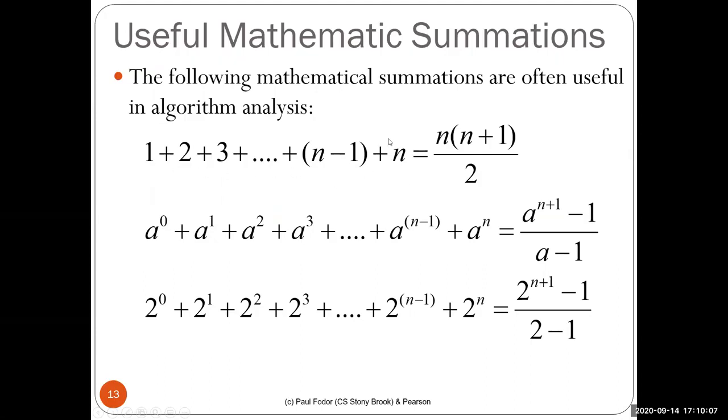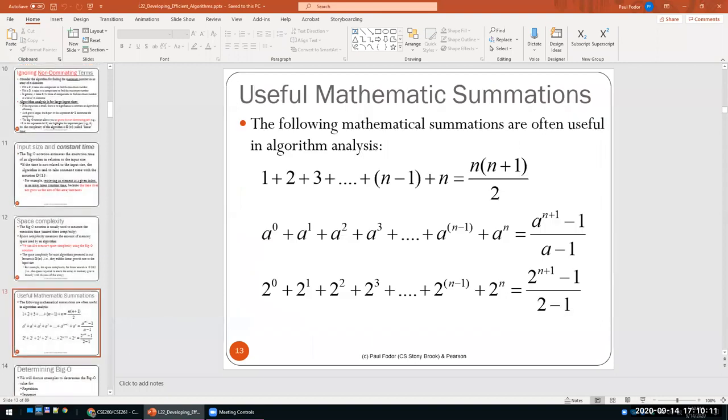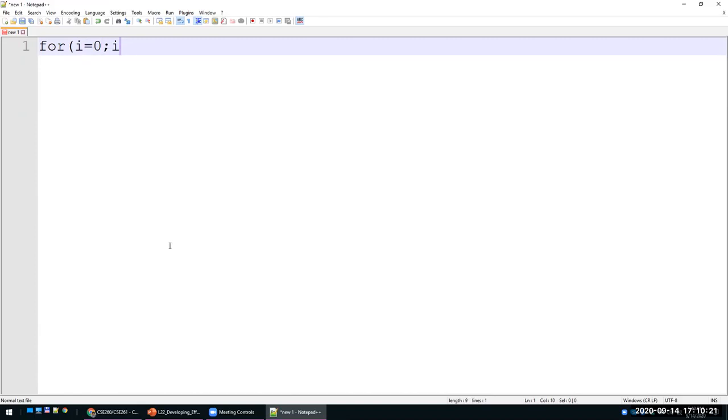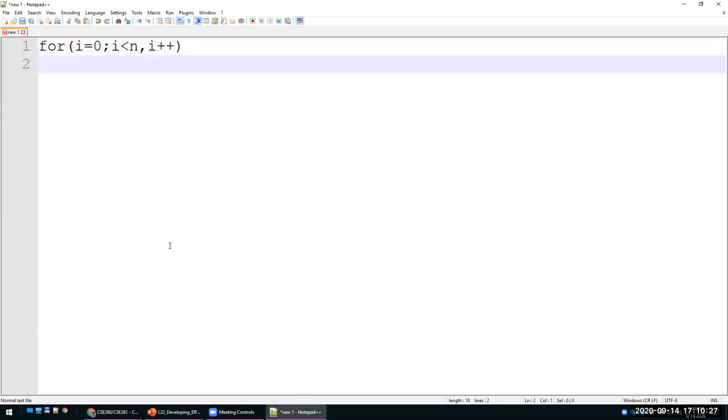Now we can always see this if there is a nested loop, like a for statement, let me write it down. We have a for statement for some integer i, which varies up to n, and i is incremented by one at every step.